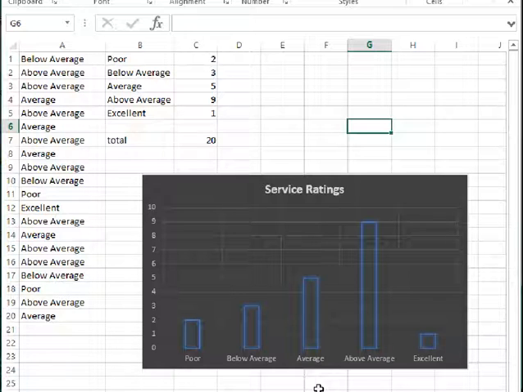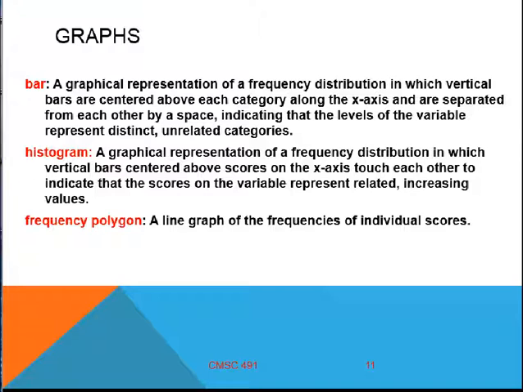And the height of each one of the bars is equal to the frequency of the response out of the 20 cards that were collected. And of course, along the horizontal axis, we have the actual values for the rating that were given on each card.